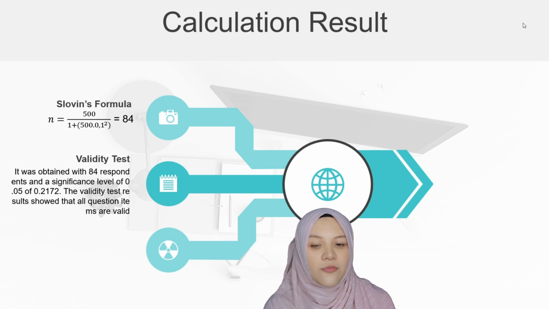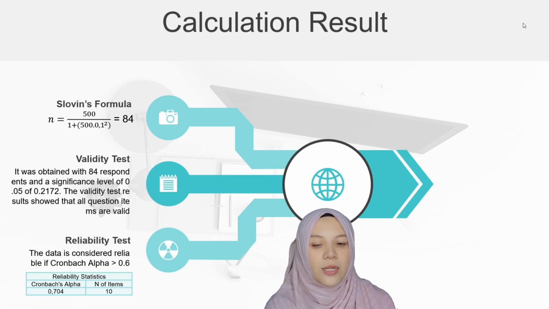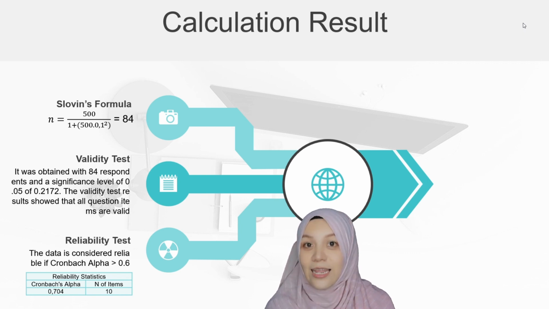Then from these 84 respondents, for the validity test, we got a value of 0.2 at the 0.05 level, which is valid. Then for the reliability test, Cronbach's alpha, the standard is more than 0.6, and we got a value of 0.7, so it means this is reliable.